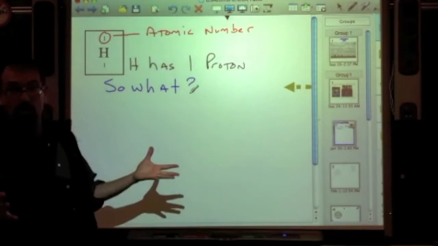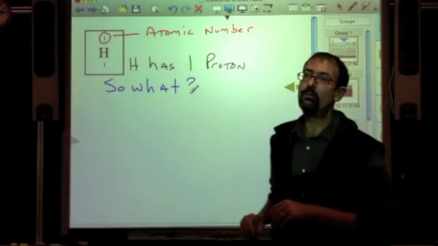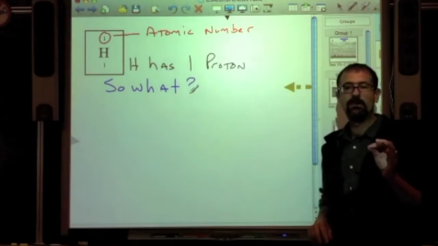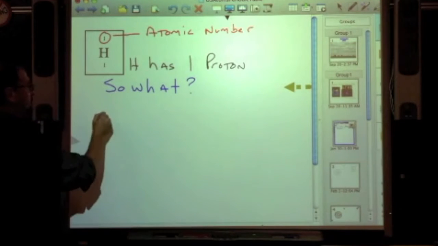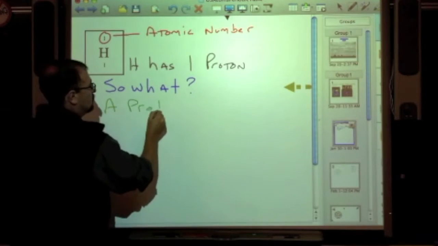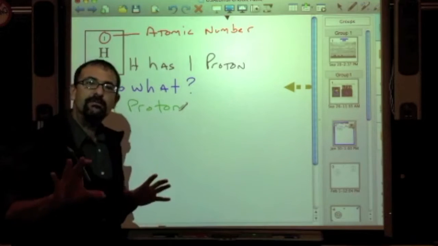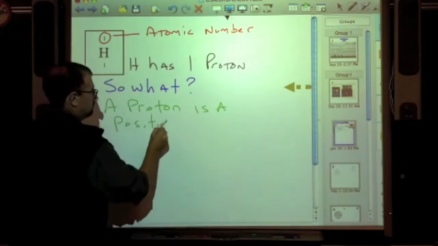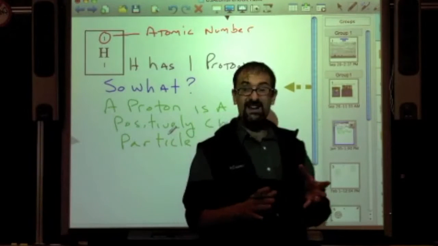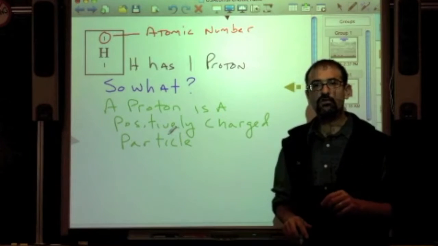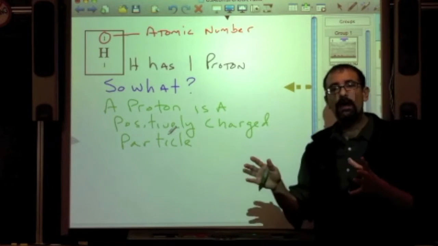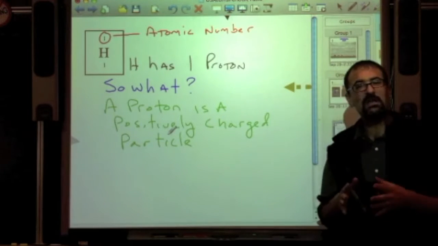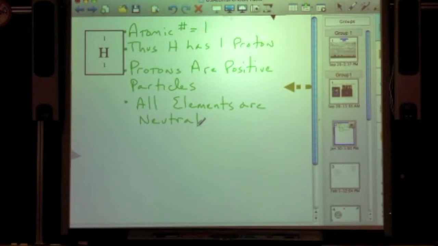So what? Who cares? Well, it actually turns out that that 1 proton really matters. It turns out that a proton is a positively charged particle. Therefore, we can say that hydrogen has 1 plus charge. But it turns out that every single element in its native state is neutral.